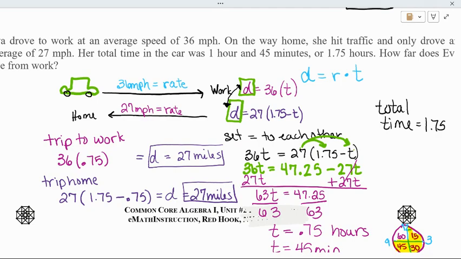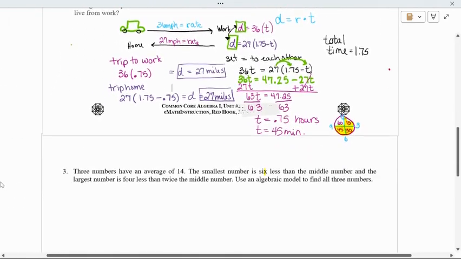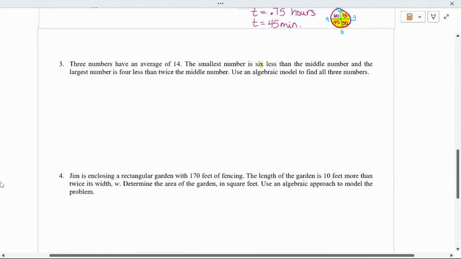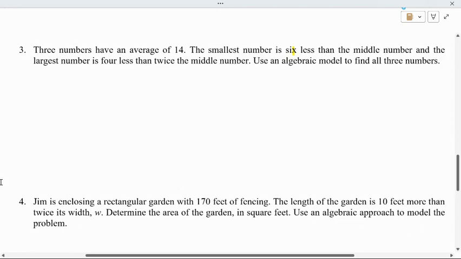Okay, I'm going to freeze that, leave that there for a second. I'm going to go up to the next one. We have two more examples. We're going to do examples 3 and 4.